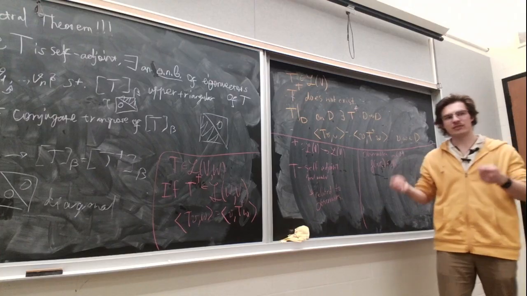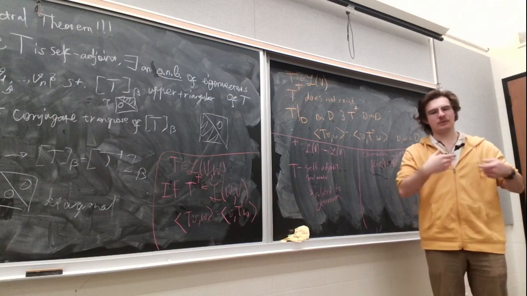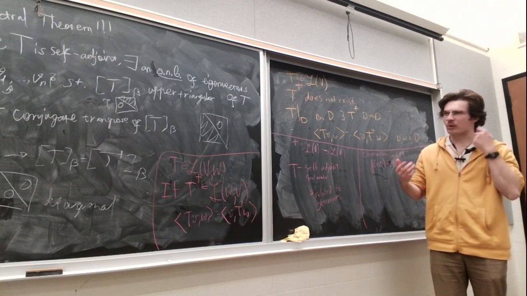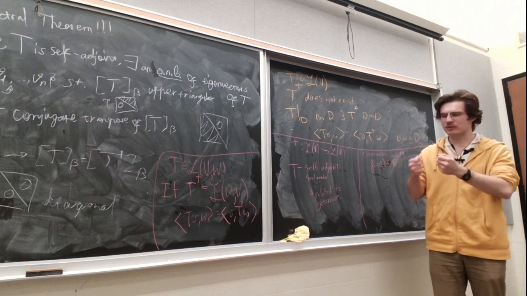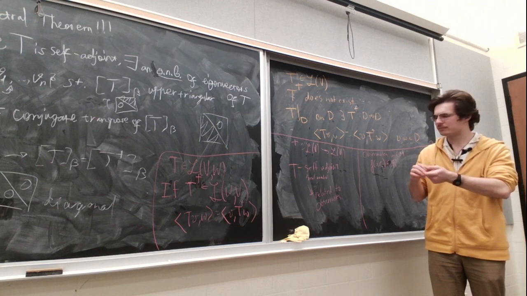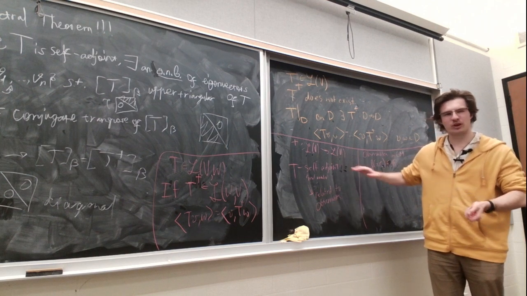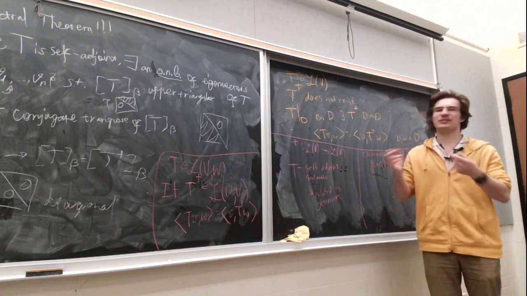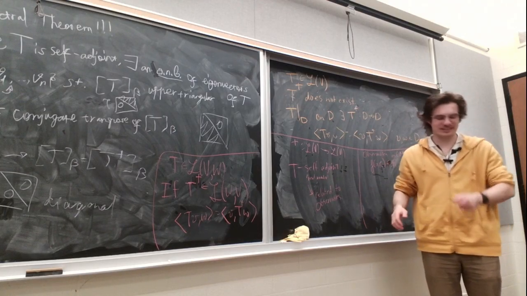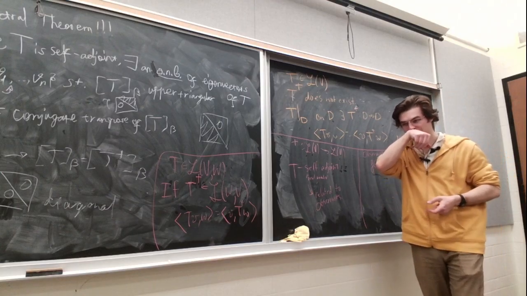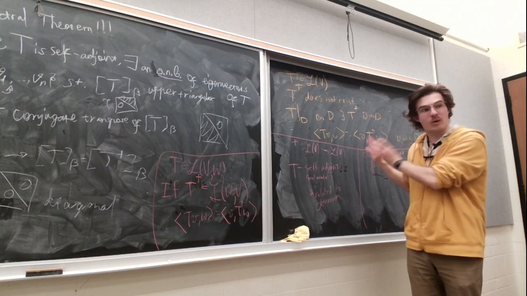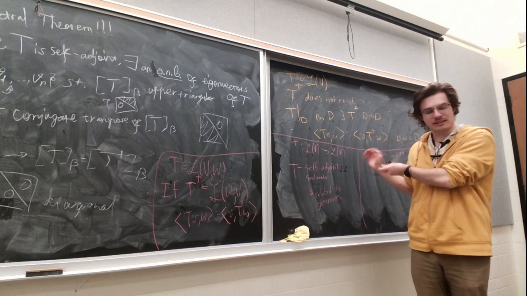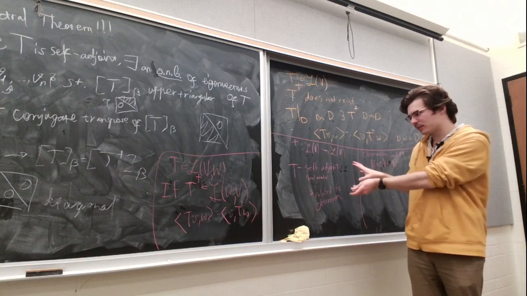So if I want to measure something, I want something to be real. Whenever I start talking about measurements, I will need self-adjoint operators to appear somewhere. I'm being vague because if I told you now, we'll have less to talk about next time, and it's already overtime. But this is why we care: at the end of the day, I want to be measuring real things, and this will help.